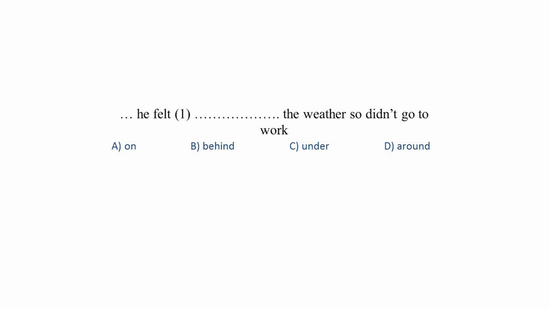It's an idiom, so if you know the meaning, you know what to put there. If you don't know, you have to try. We know that he actually felt not well. So we have to use some of these words from the options: on the weather, behind the weather, under the weather, or around the weather.